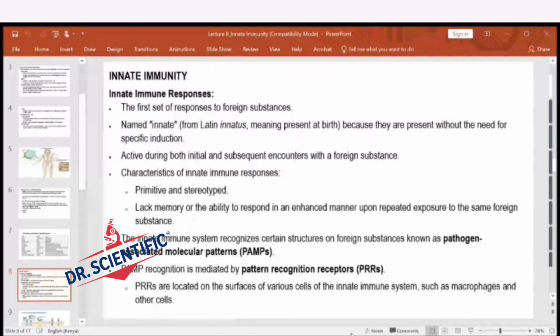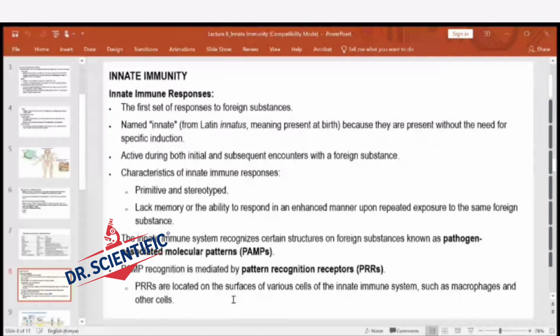But of course, many agents are usually prevented from entering the body at this particular level of innate immunity. Because of that, the study of immunology focuses so little on innate immunity and so much on adaptive immunity. Adaptive immunity is more organized, more specific, less primitive, less stereotyped, so we can understand the mechanisms there better than in the innate immune system.